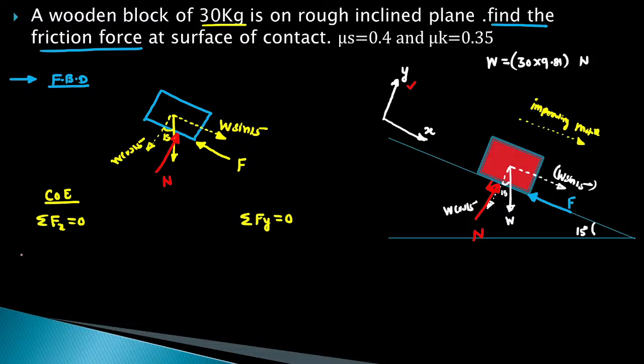In the summation Fx we have W sin 15 in the positive x direction, minus this force F in the negative x direction, equal to 0. From this we get F is equal to W sin 15.